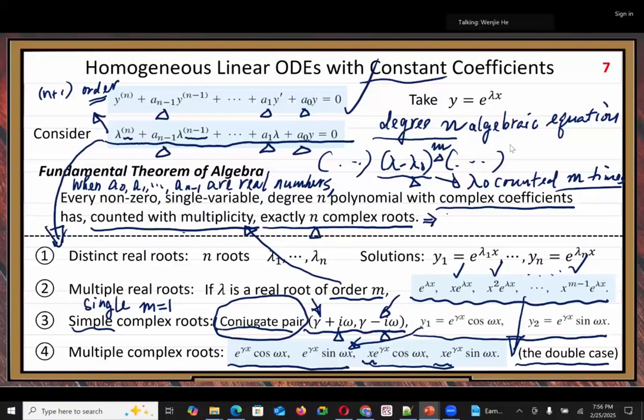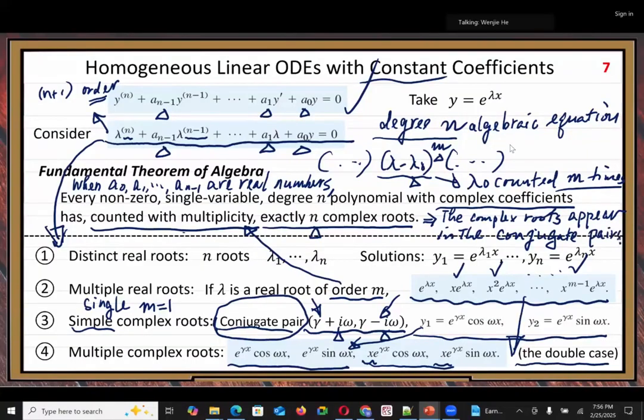The complex roots appear in conjugate pairs.